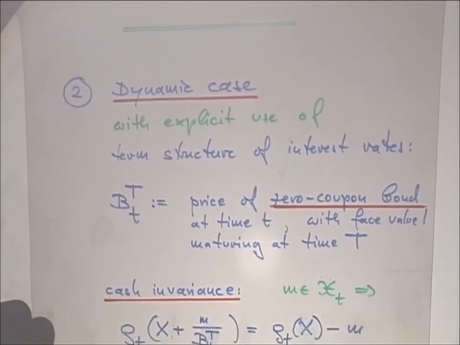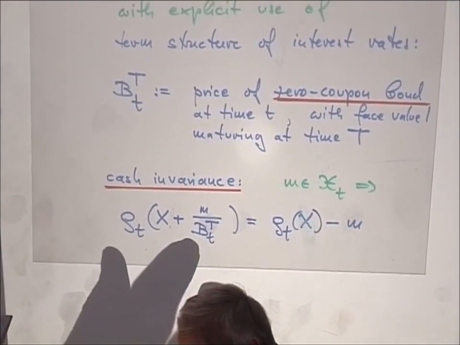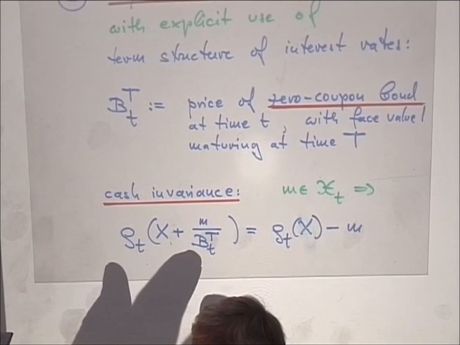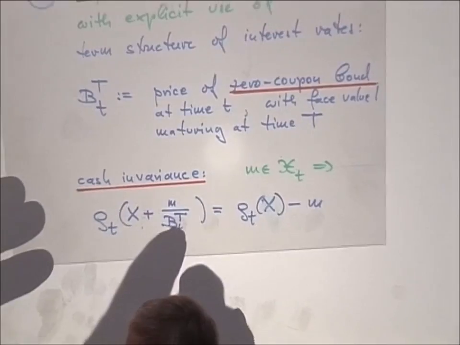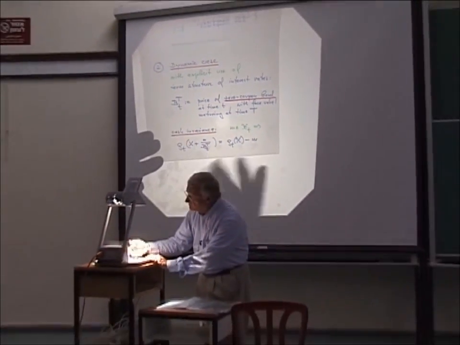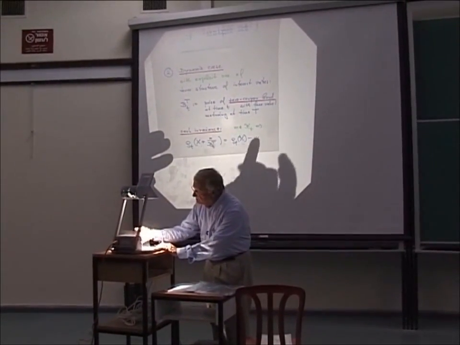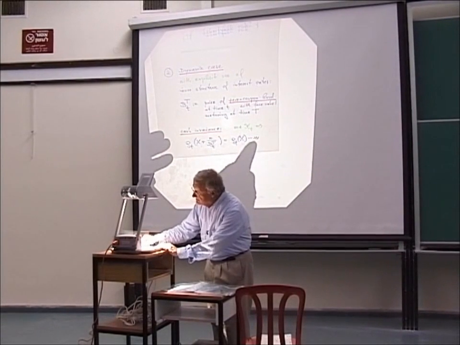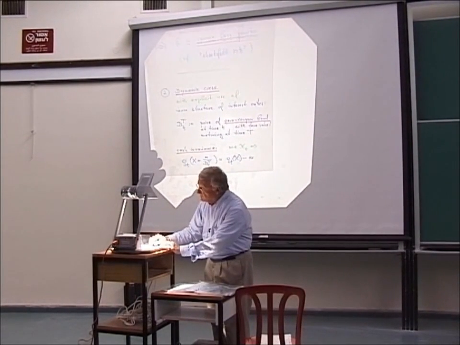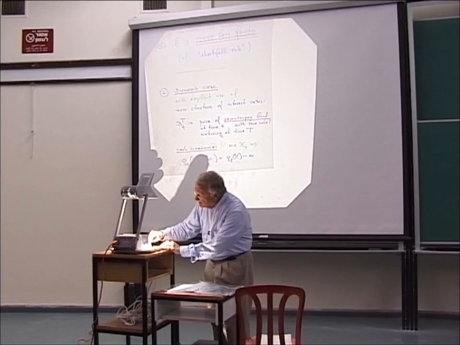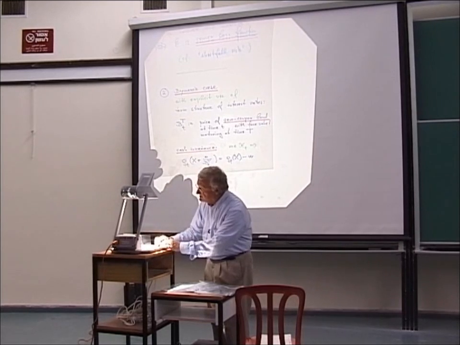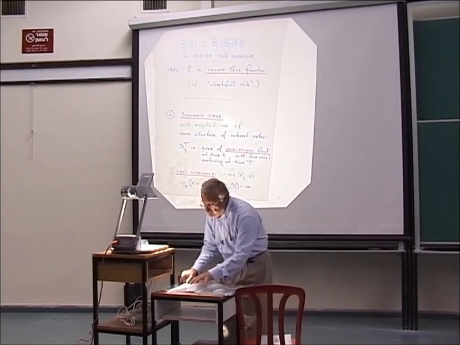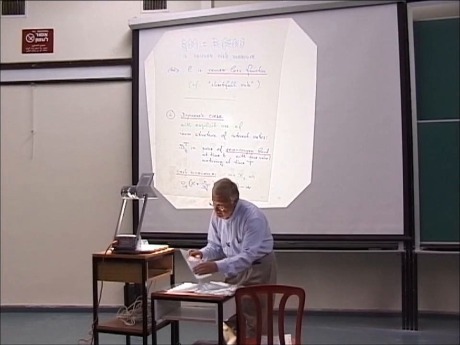If I add some amount, which is then invested in a zero coupon bond with maturity T, this will accrue to the final payment M. Then if I invest M, the final thing will be this, and then I can withdraw exactly this amount. So cash invariance takes this form.